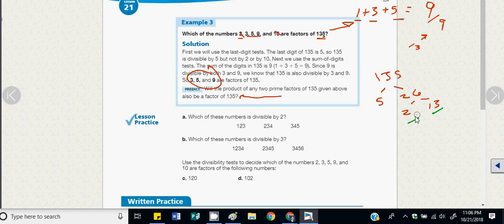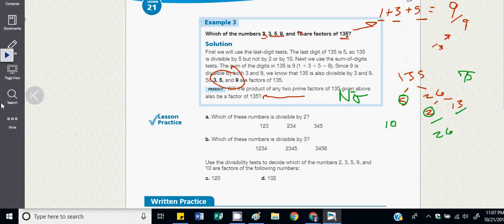So 2 times 13 is 26. How about 2 times 5? No, 10 does not work. 5 times 13 is 65. Again, I'm not sure if that's going to work. So I'm thinking no right now to that question. That's just what I'm thinking.